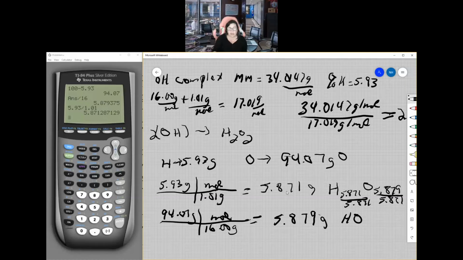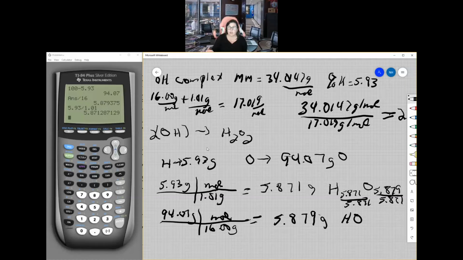But if you recognize that that's what they're telling you, that that's the empirical formula, then you can do the comparison between the mass of the empirical formula and the mass of the molecular formula and find out what that ratio is. So either way is perfectly fine. Really doesn't matter how you do it, as long as you get to that answer and as long as you provide some way that you got there. So I can follow the logic in both of those.